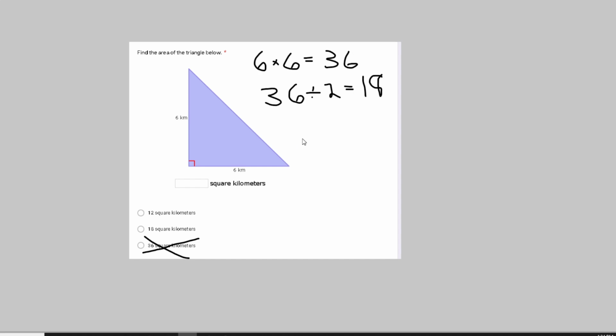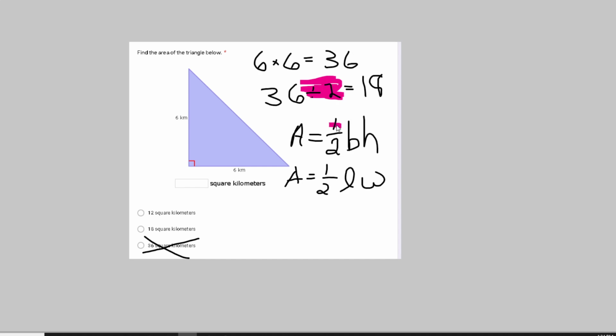Now, the way that you're always going to see the formula for area of a triangle written is like this. Or you could see it like this. You'll see either one of these all the time. So this 1/2, remember, multiplying by 1/2 is the same thing as dividing by 2.